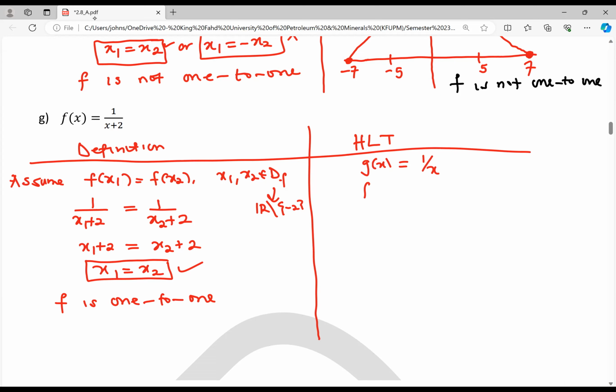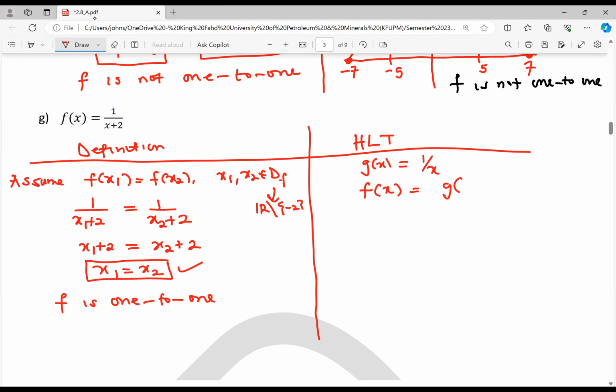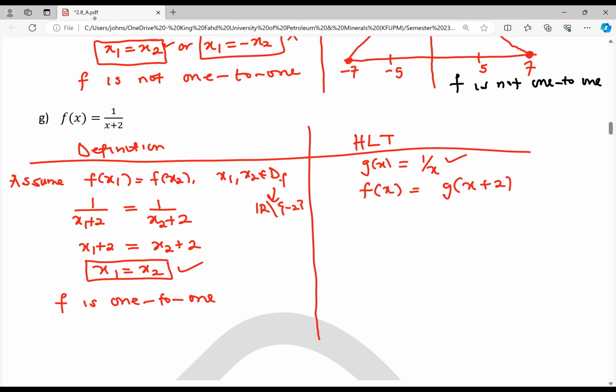And you will see that f of x is nothing but g of x plus 2. So we can use transformation. It means that if you have the graph of g, to get the graph of f, you just need to shift 2 units to the left. But what is the graph of g?